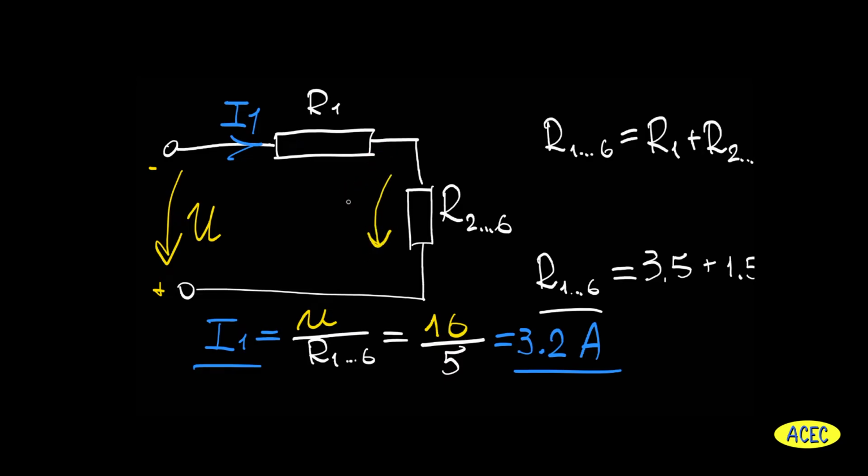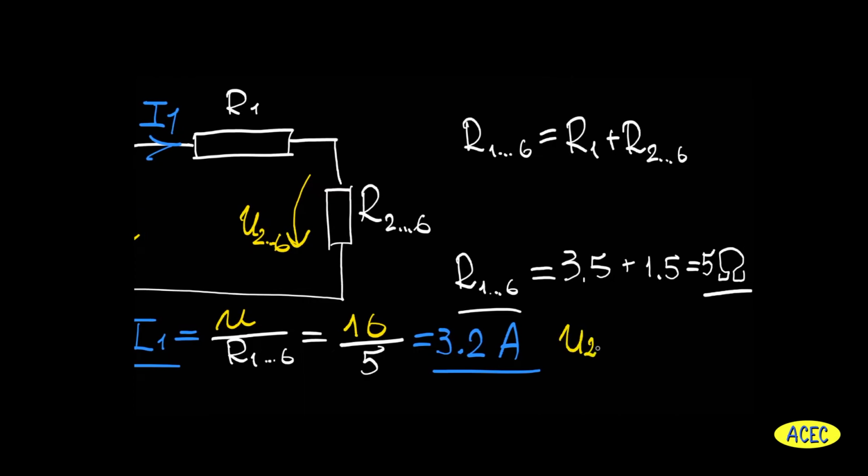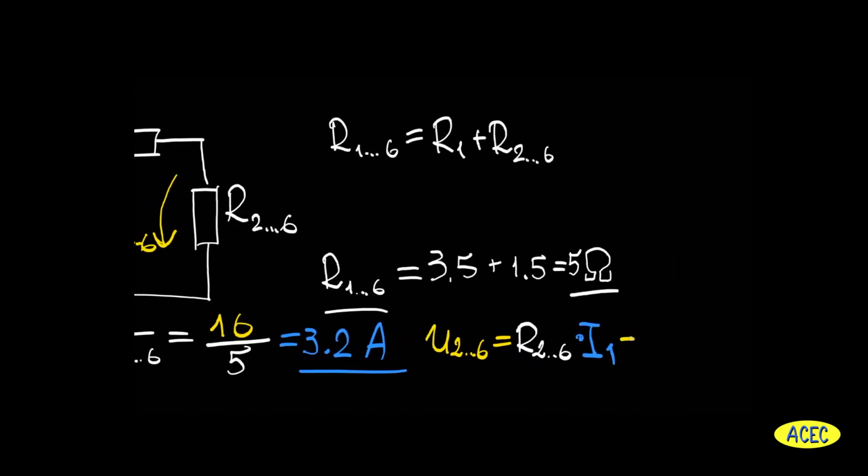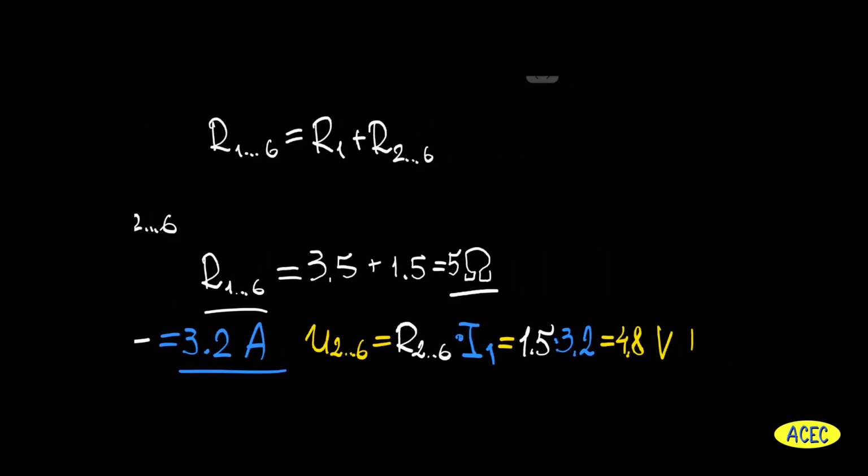And now we need to find the voltage on resistor R26, taking into account that we know the current I1. We know from Ohm's law that voltage is resistance times current, and the value of this voltage is 4.8 volts of direct current.